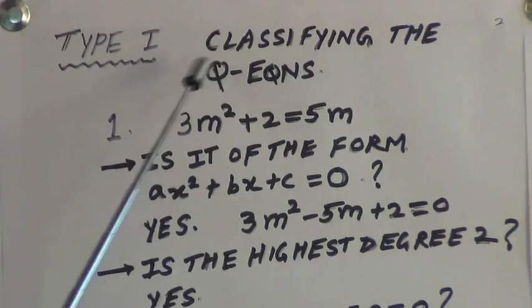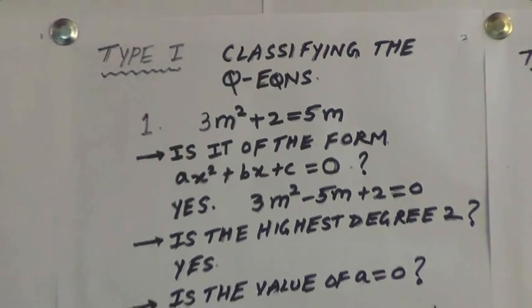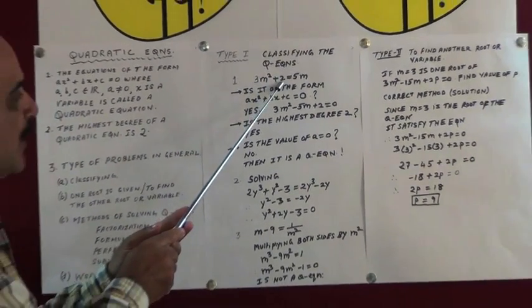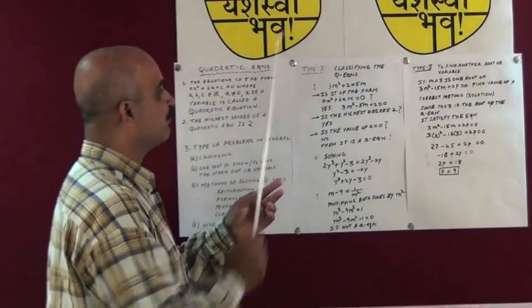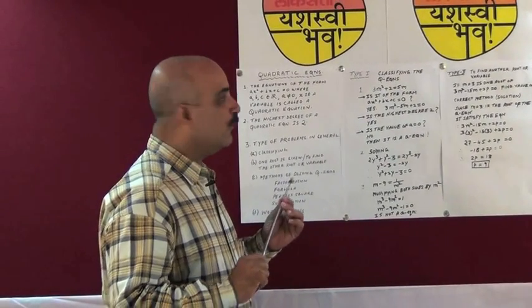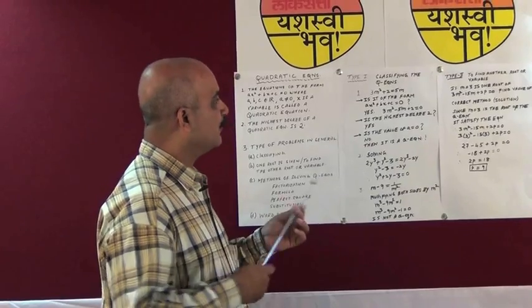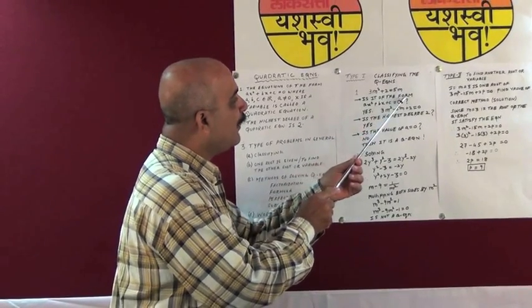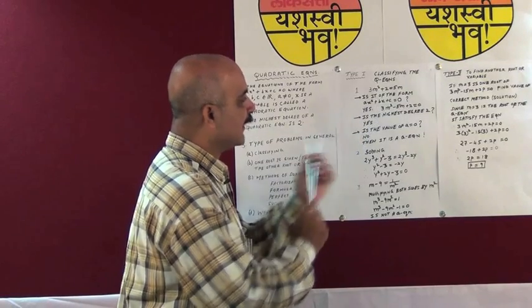Type 1, classify the quadratic equations. Now, if you see the equation given here, 3m square plus 2 is equal to 5m. Let us ask ourselves whether it's a quadratic equation or not. So let us ask some questions. First, is it of the form ax square plus bx plus c?